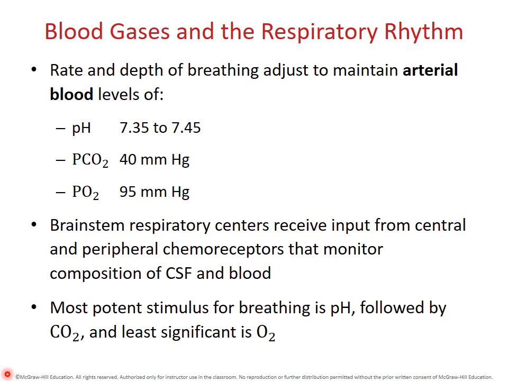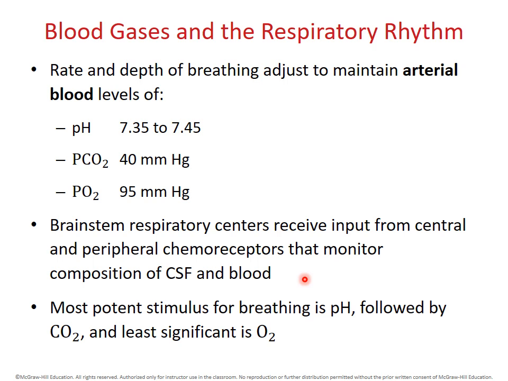And remember, the homeostatic values for these parameters in the blood are a pH of 7.35 to 7.45, a very narrow, slightly alkaline range, a PCO2 of about 40, and this is oxygenated blood, and a PO2 of 95. So our respiratory rates are adjusted to help maintain these specific numbers.